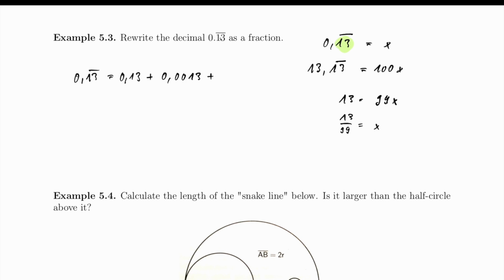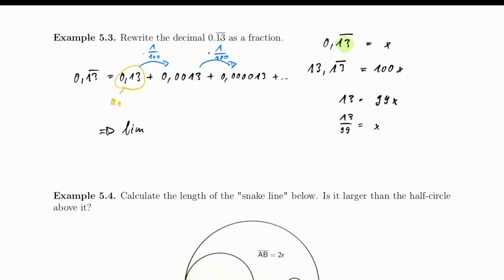The next one would be 0.000013 and so on. And then you see, okay, now I have the framework of a geometric series again. And here q is 1 over 100, so I do times 1 over 100. And here a1 is 0.13.